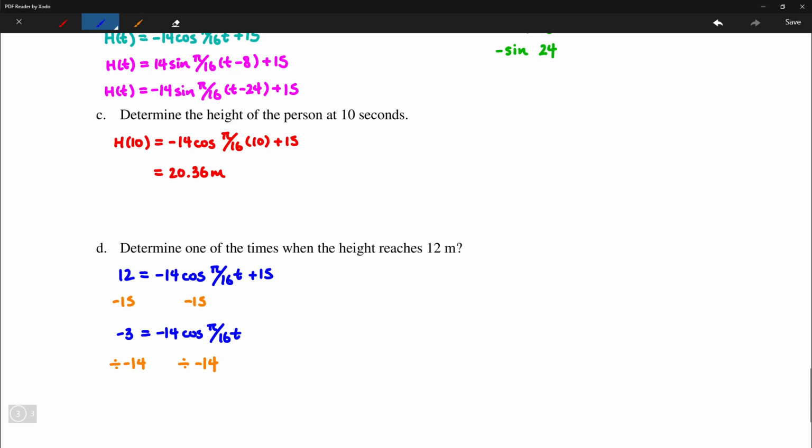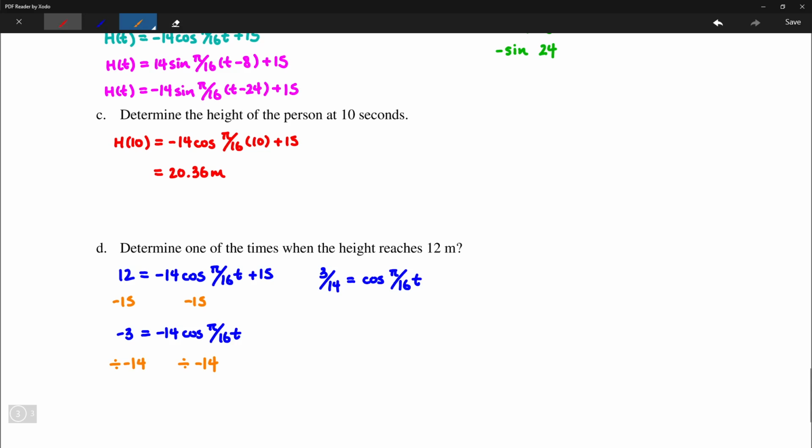And then so we'll have 3 over 14 is equal to cosine pi over 16t. Notice here that 3 over 14 is positive, so we have a quadrant 1 answer and also a quadrant 4 answer.